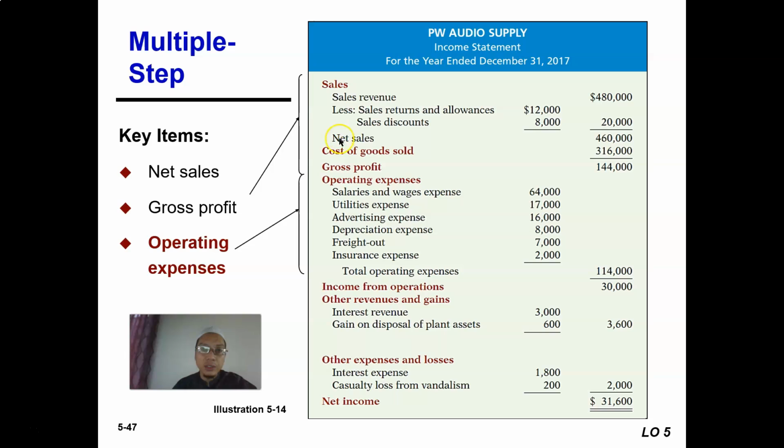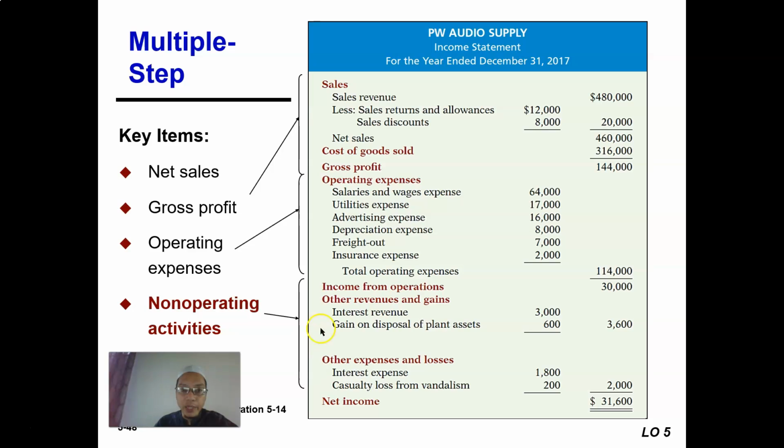Those things are included in the operating expense. After we deduct the operating expense from the gross profit, we will get the income from operation.